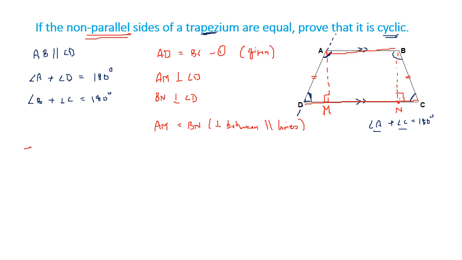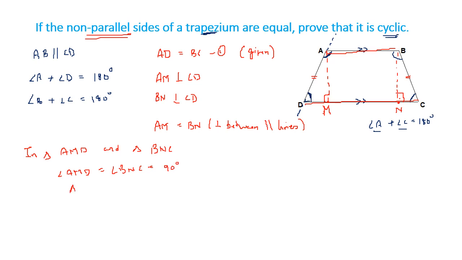Now let us begin. In triangle AMD and triangle BNC, angle AMD equal to angle BNC equal to 90 degree, right angles.